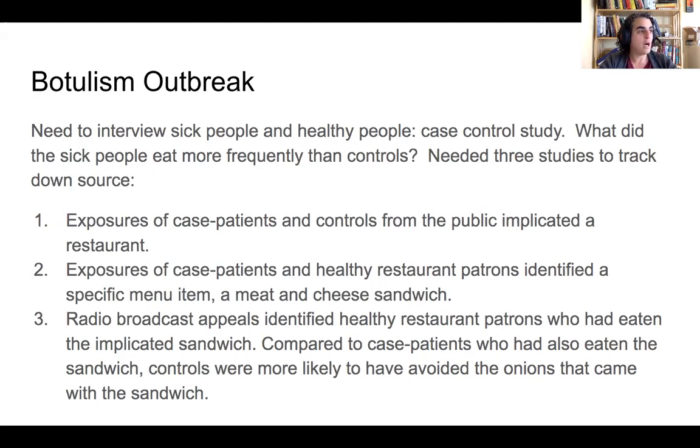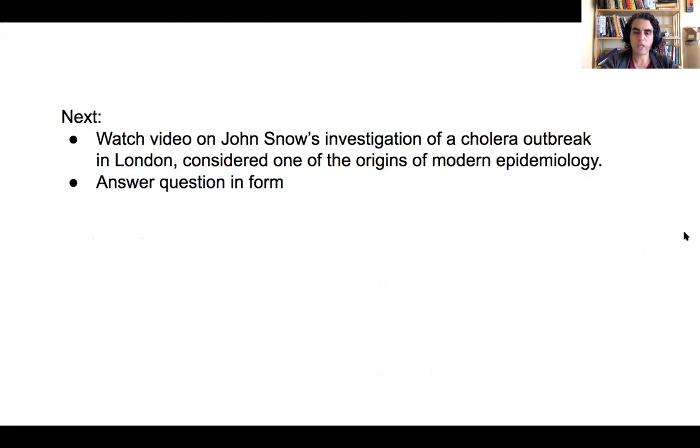There was one food poisoning outbreak caused by contaminated mangoes, where they were able to say that, look, these case patients are eating mangoes at a much, much higher rate than the general community, which suggests that, and indeed it was, the mangoes that were at fault. So those are tools that people use to investigate outbreaks.